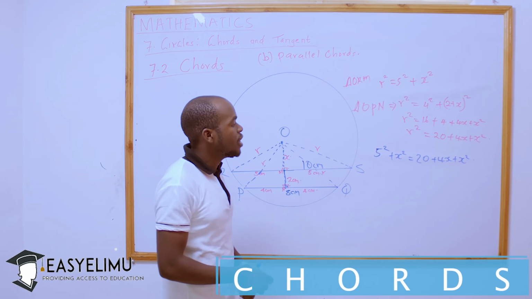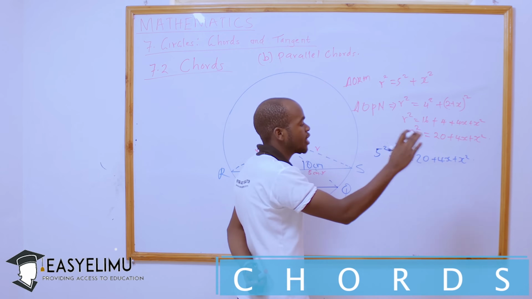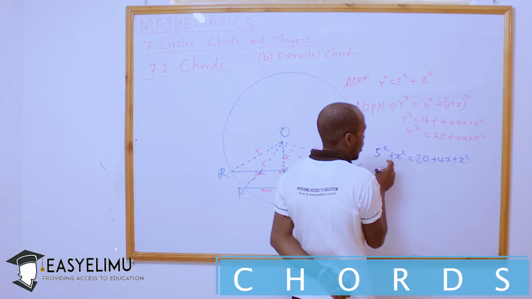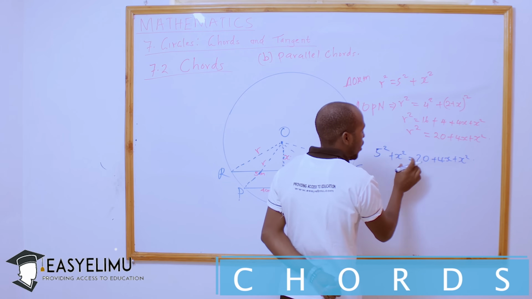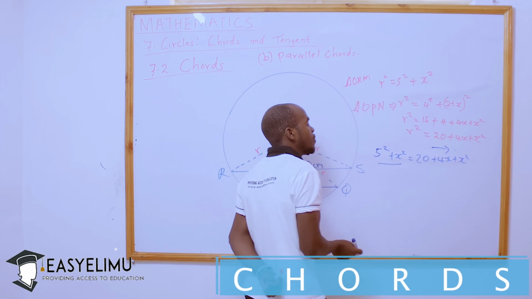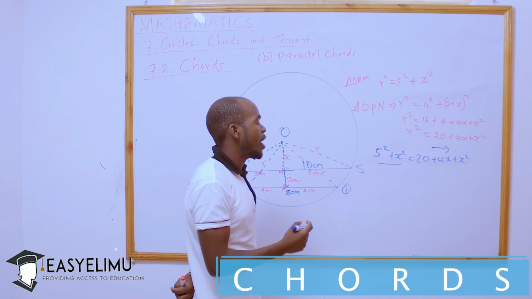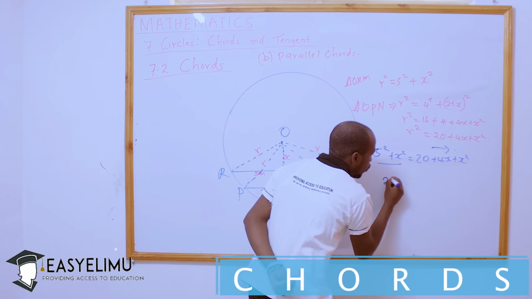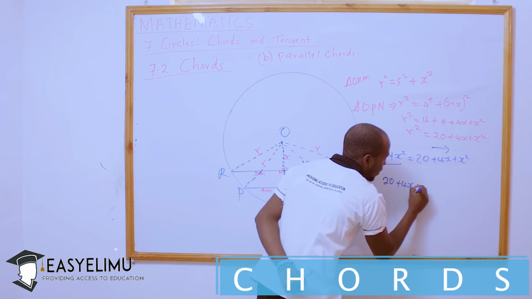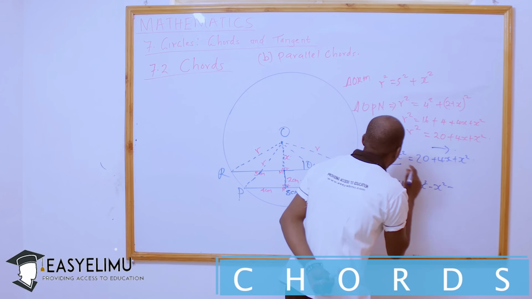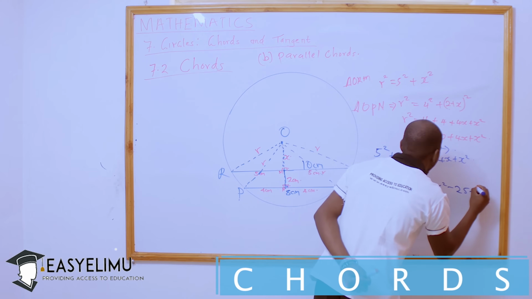Let us collect the like terms: we subtract 5 squared plus x squared from both sides, and we shall have 20 plus 4x plus x squared minus x squared minus 25.